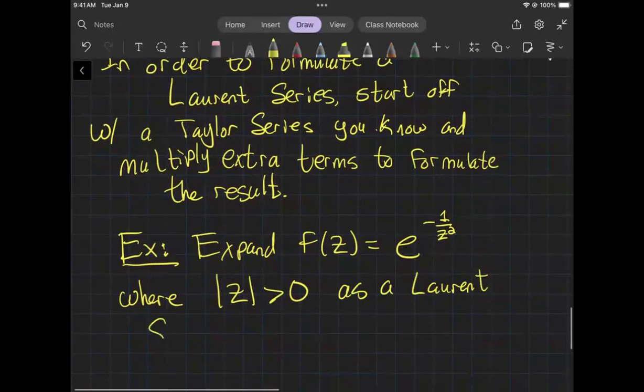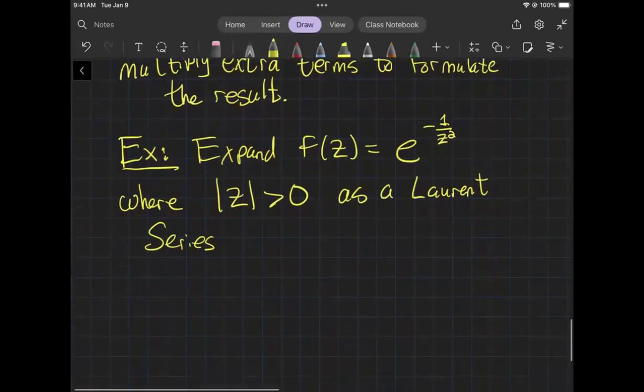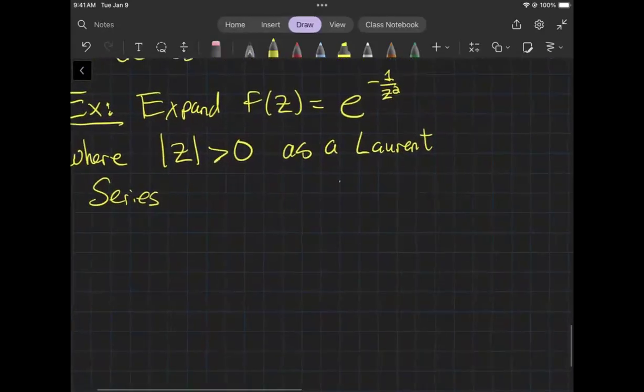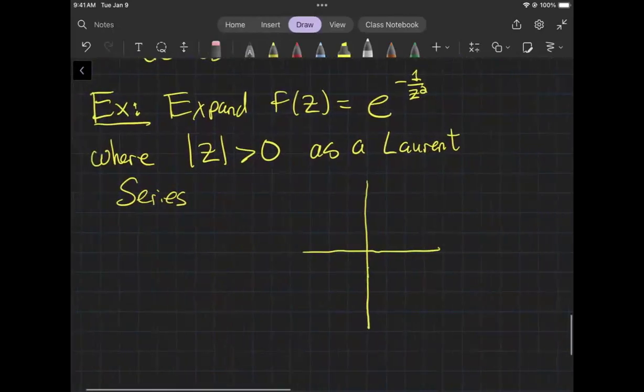And so we want to expand this as a Laurent series. First of all, what you want to do is draw out a picture, see what this looks like. If I have the complex plane here, we know that e to the minus 1 over z squared is analytic except at z equals 0. So we're going to have a singularity at 0.